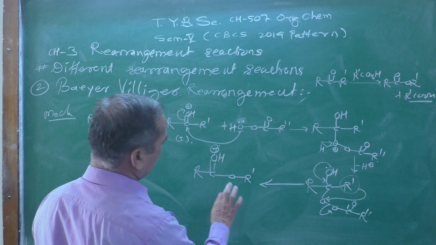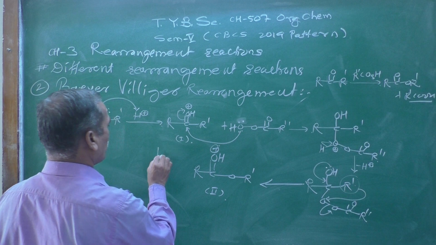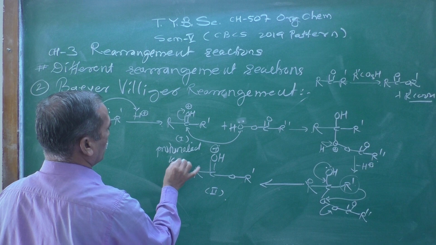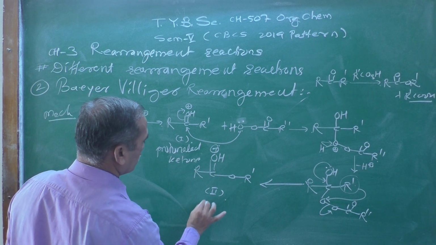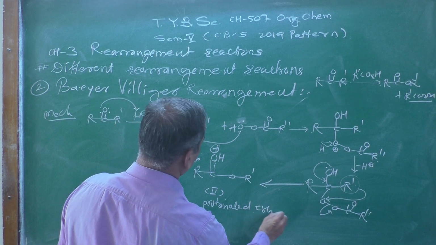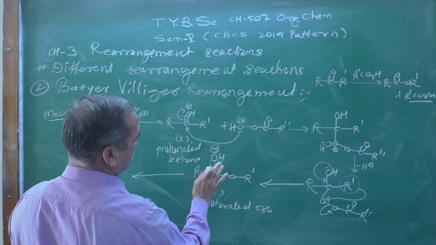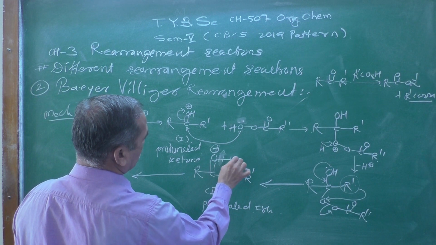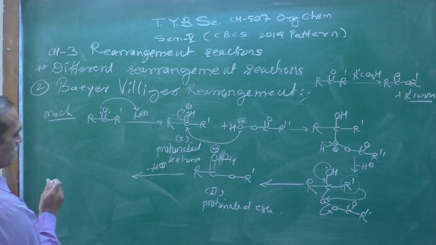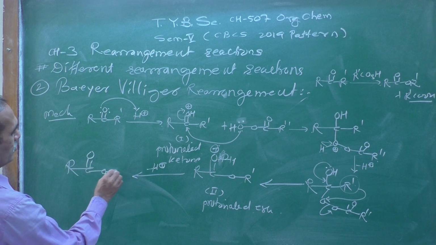Now this is the protonated ketone, and this will be the protonated ester. Then there will be a loss of a proton, so that you will be getting the final product, which is R C double bond O, then O R dash.